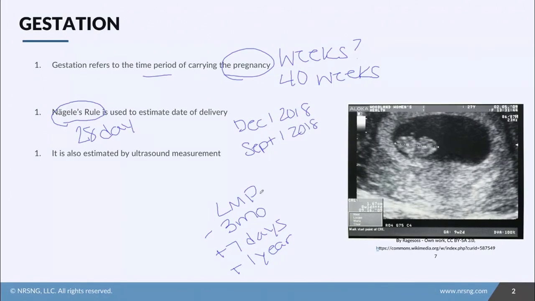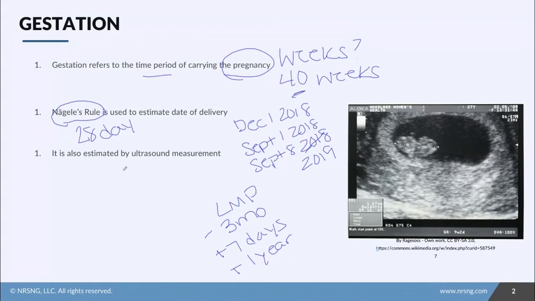Now we add our 7 days, so that is September 8th of 2018. And then we add a year, so it's going to be September 8th, 2019. So someone that has a last menstrual period starting December 1st is estimated to be due September 8th of 2019, which will give us that 40-week gestation.